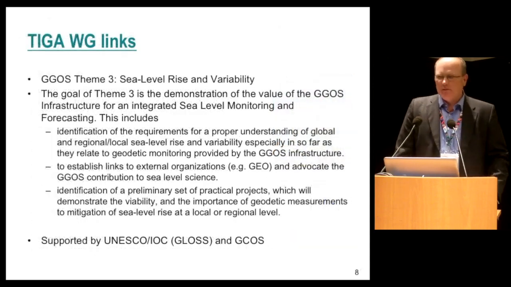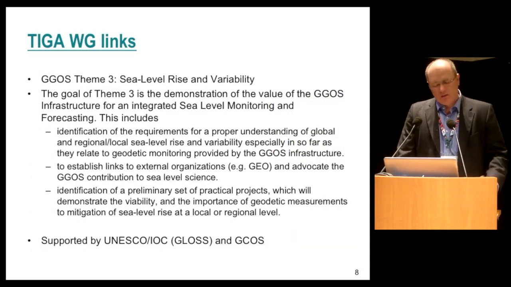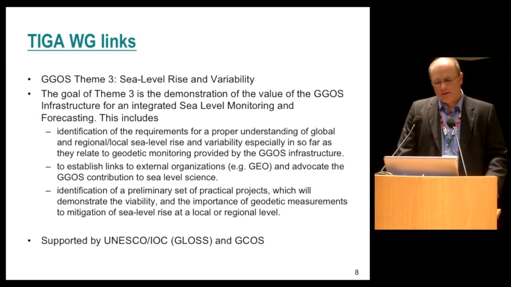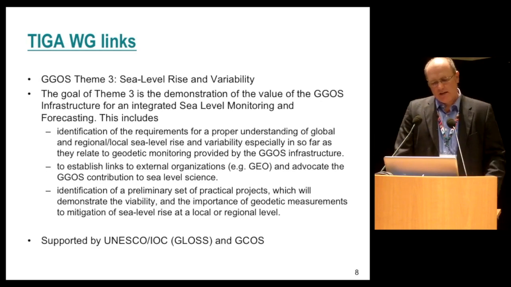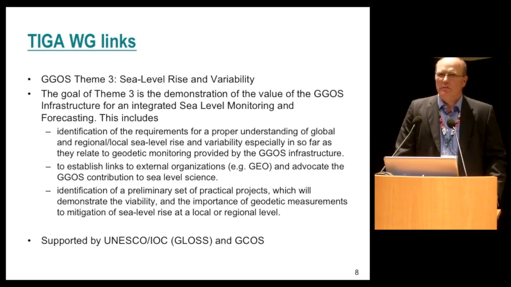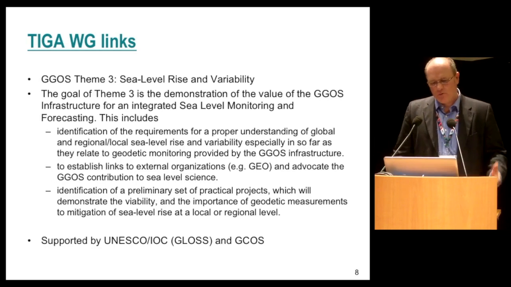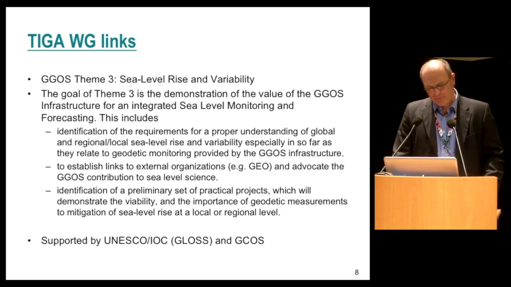And finally, TIGER, of course, holds very, very important links. One is to GGOS, especially theme 3, sea level rise and variability. And the goal there really is much in line with the goal for TIGER, but more in the identification of the requirements for improving our understanding of global and regional sea level rise.